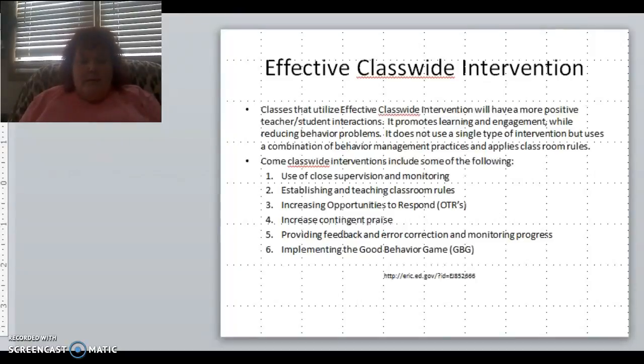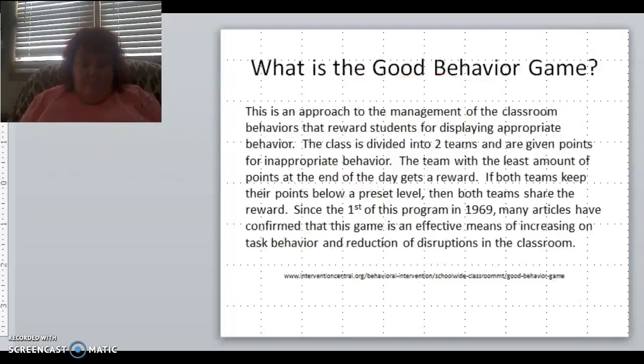So let's discuss the good behavior game. This is an approach to the management of the classroom behaviors that rewards students for displaying appropriate behavior. So you're going to be teaching those students who have had inappropriate behavior, appropriate behavior by, in a way, rewarding them.